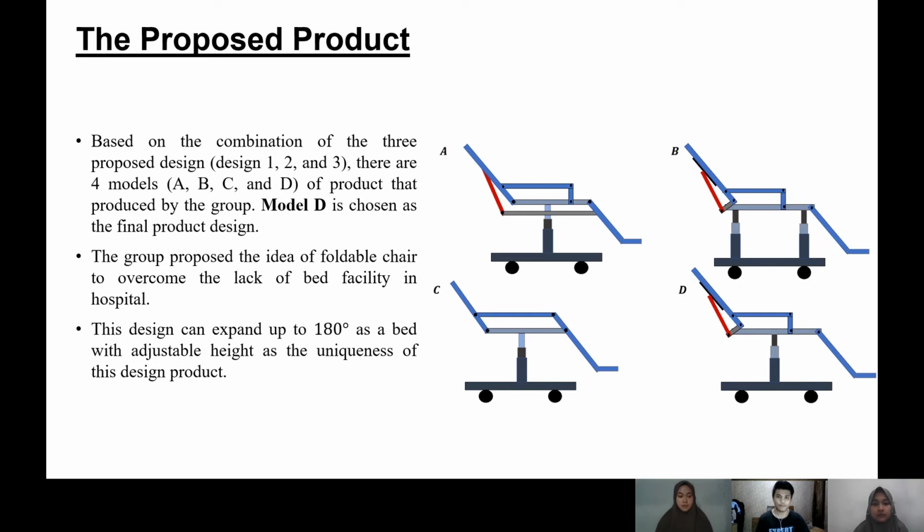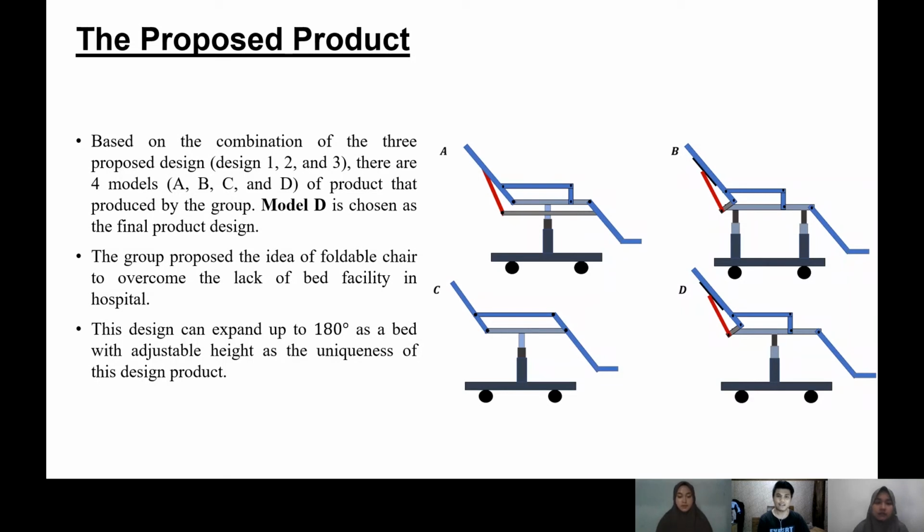From there, we have four designs derived from those combinations. Here we show you the four derived combinations. After a long discussion, we finally decided to use model D as our final design.